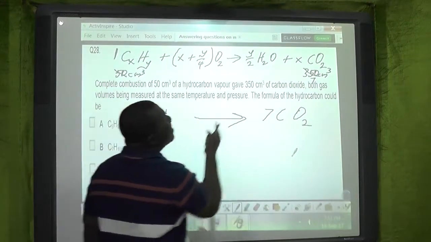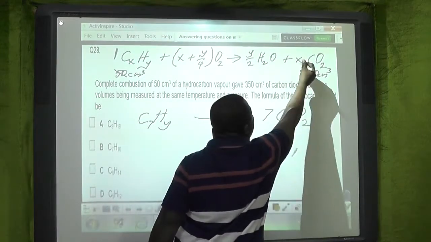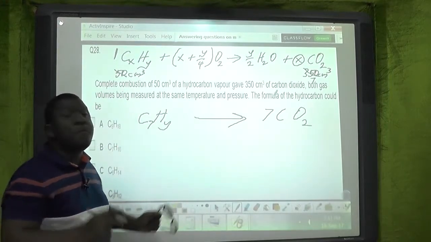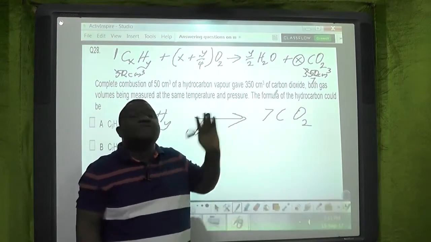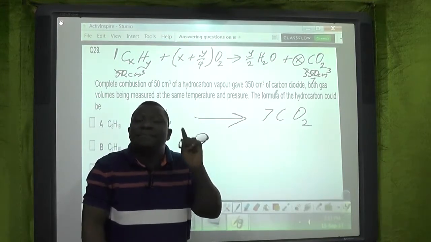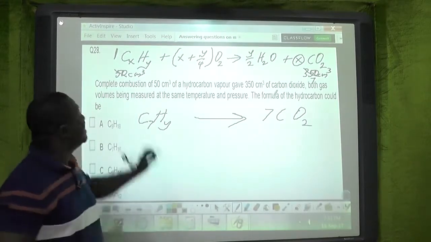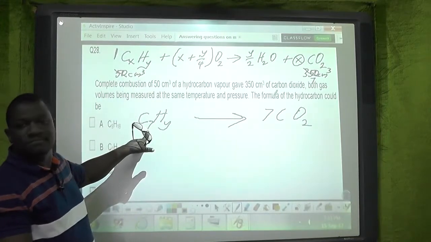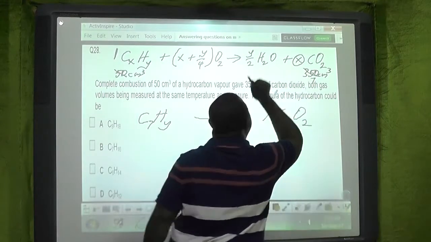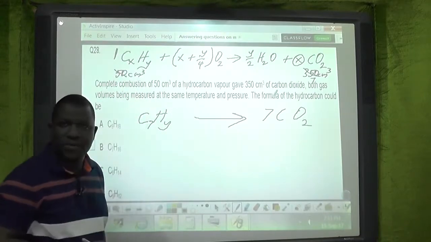So for you to have 350 here, by the time you divide 350 by 50, you get 7. X here is 7 moles of carbon dioxide. For 7 moles of carbon dioxide to be formed, it has 7 carbon in it. If it is complete combustion, for you to have 7 carbon, whatever was burning must have carried per molecule 7 carbon, C7. Because we are getting a ratio of 1:7, whatever is burning here has to be 7. I hope you understand that.